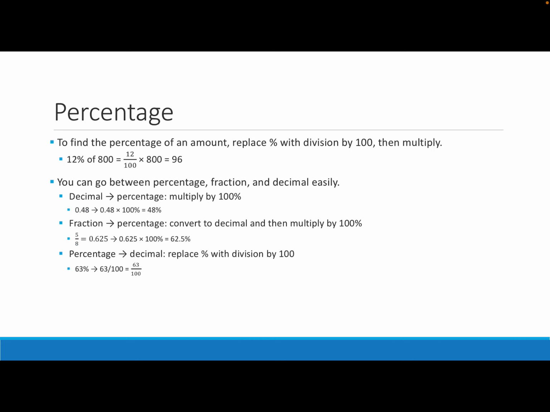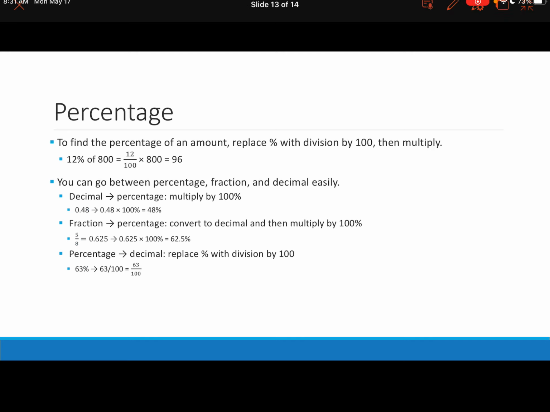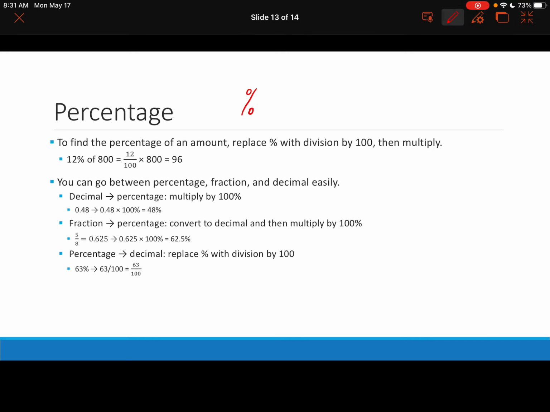The last thing is about percentage. That's something we should know from maybe high school or other places, but I just want to refresh your memory. A percentage is a number with the percentage symbol, and you can go from percentage to decimal to fraction; they all represent numerical values, and you can go back and forth from one to the other.